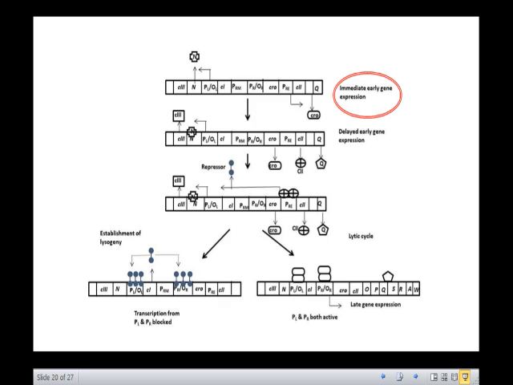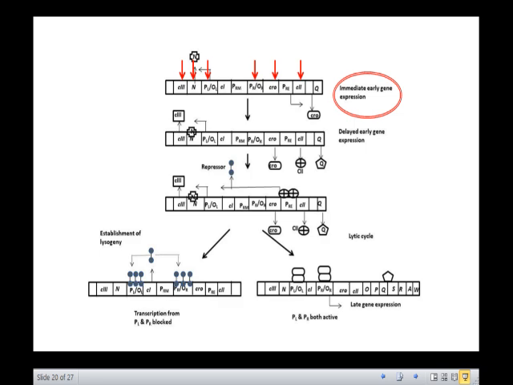These include CRO, which lies immediately rightward of the right promoter PR, followed by C2, and N, which lies immediately leftward of the left promoter PL, followed by C3, as can be seen in the picture. The operators of these promoters are OR and OL respectively.